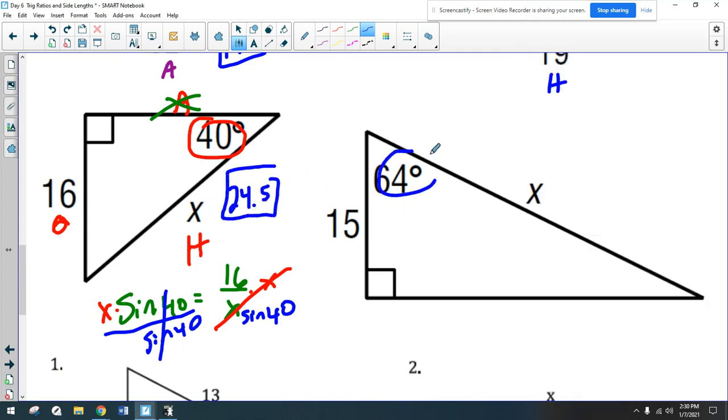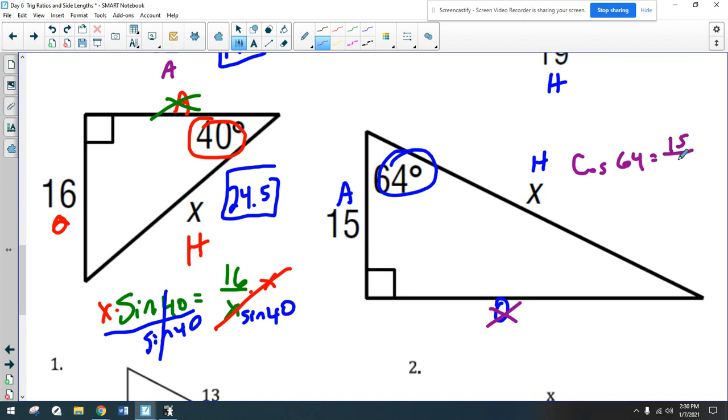Okay, theta. Here's my hypotenuse. Here's my adjacent. And the one opposite of theta is your opposite. So there is absolutely no letters, no numbers, no anything on the opposite. So I want the one with A and H, and that is cosine. So I'm going to do cosine of 64. And it's supposed to be adjacent over hypotenuse.